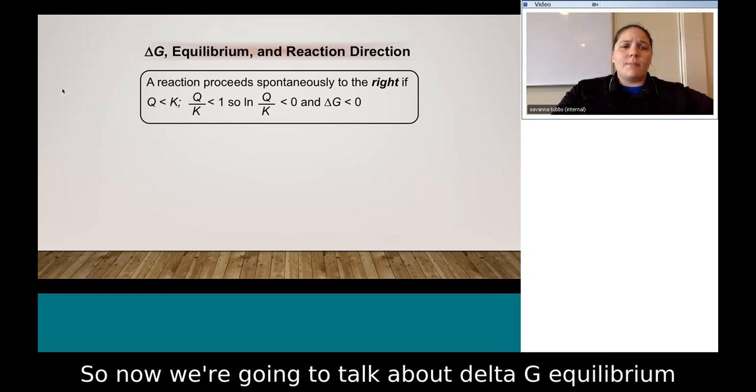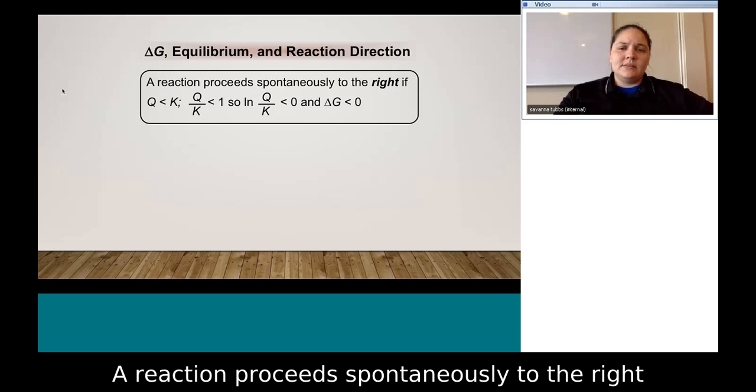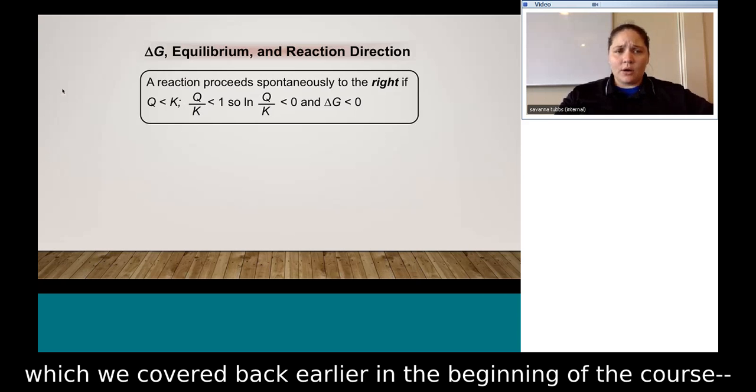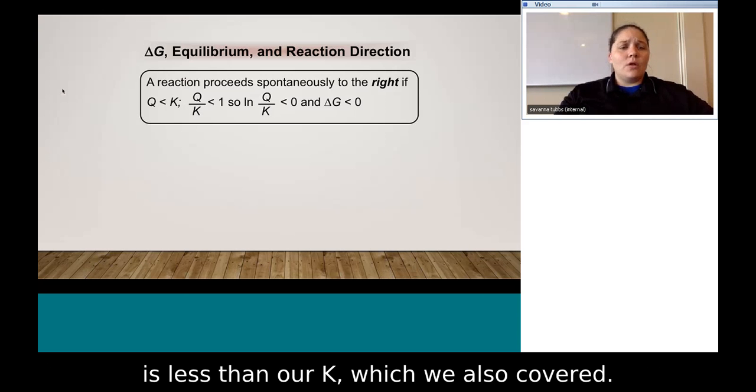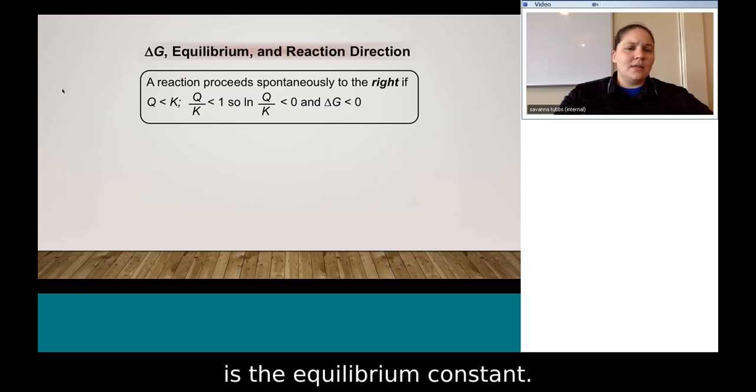Now we're going to talk about delta G, equilibrium, and reaction direction. A reaction proceeds spontaneously to the right if our Q, which we covered earlier in the course, is less than our K, which we also covered. Remember, Q is the reaction quotient and K is the equilibrium constant.